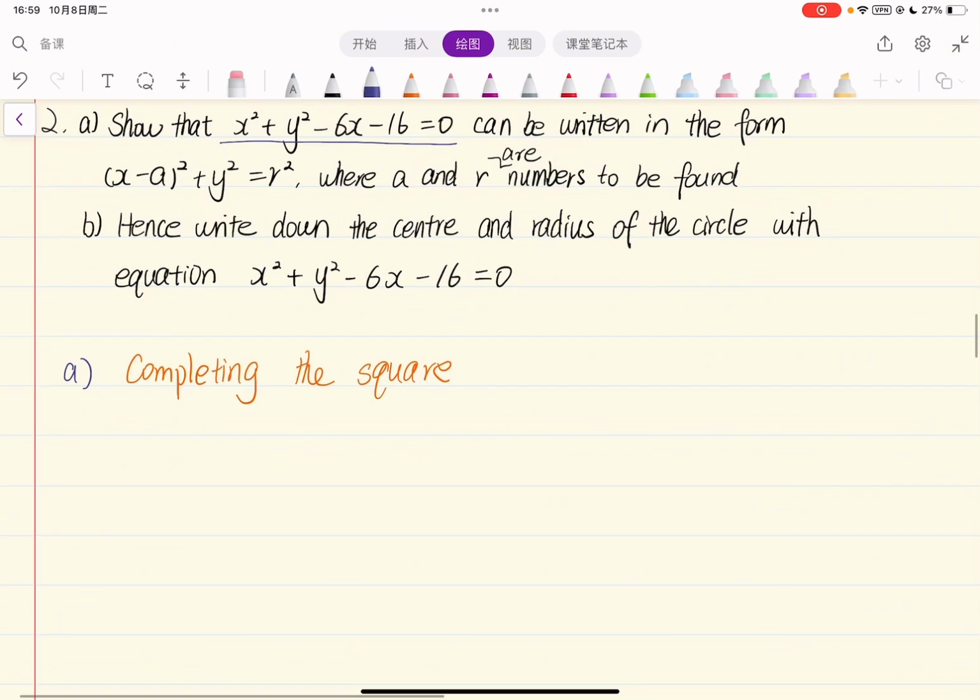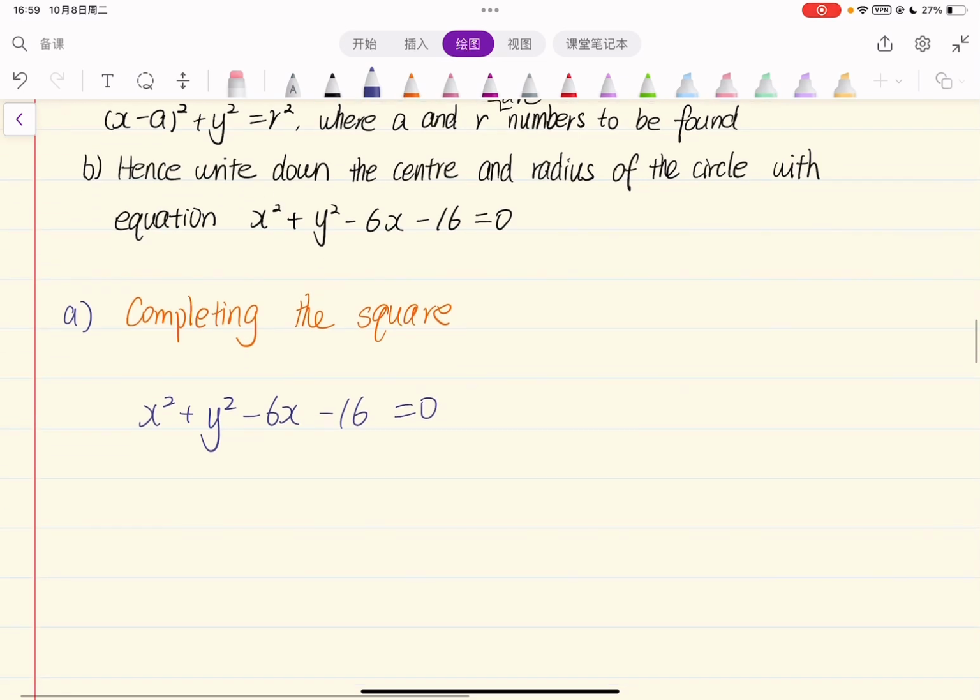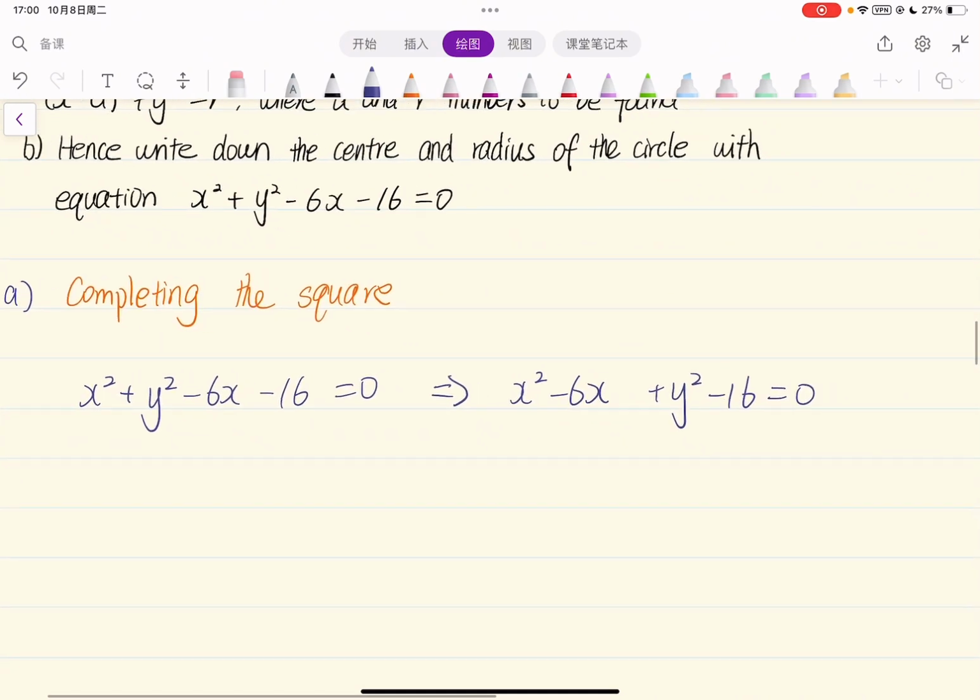So let's do it. x squared plus y squared minus 6x minus 16 equals 0. What do we have? We have x squared minus 6x plus y squared minus 16 equals 0. We have x squared minus 6x plus 3 squared, so minus that, and plus y squared minus 16 equals 0.